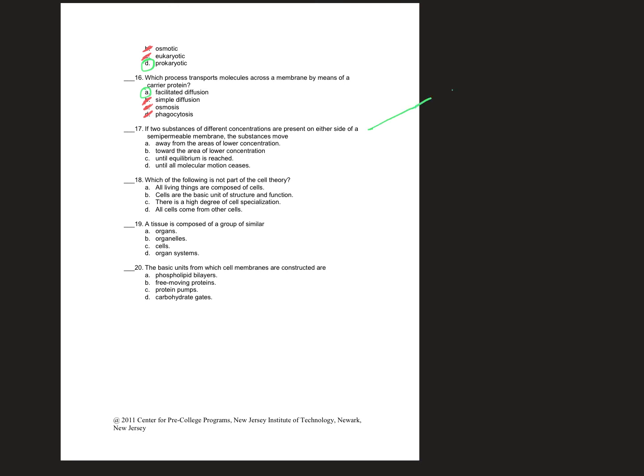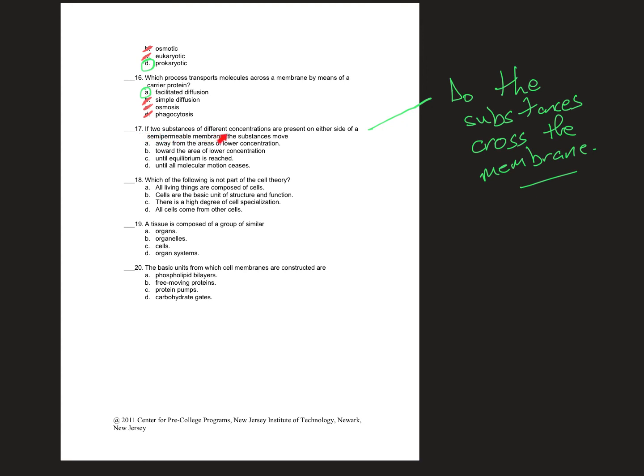The question is, do these substances cross the membrane? That's a big question. You know, is it polar? Is it non-polar? Is it small? Is it large? I don't know. But let's go on and read.